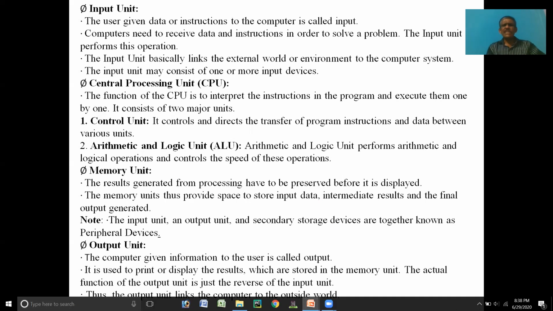The main function of the CPU is to interpret the instructions in a program and execute them one by one. It interprets the instructions given by the user in the program and executes them sequentially, one by one.